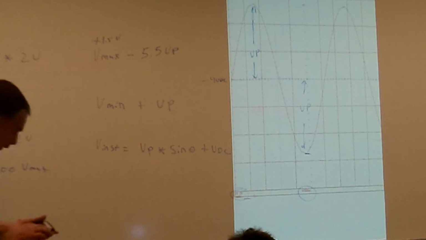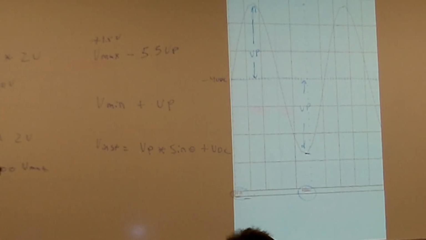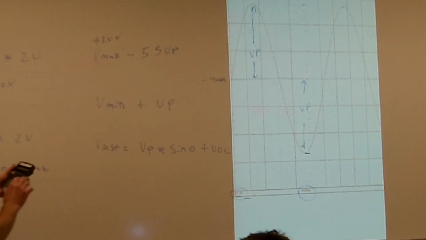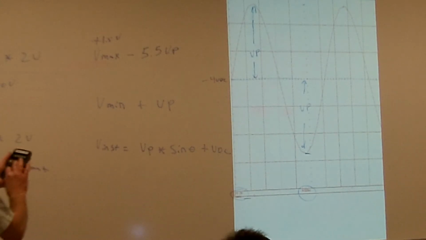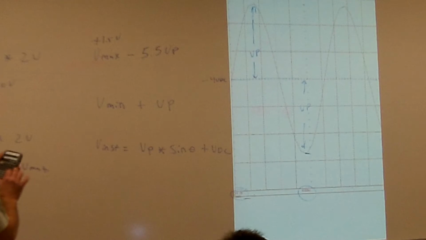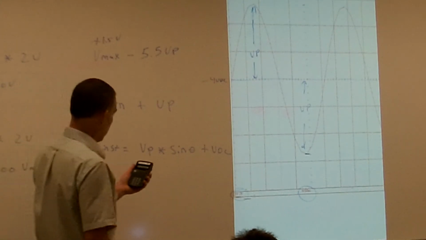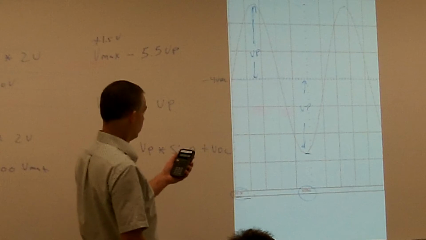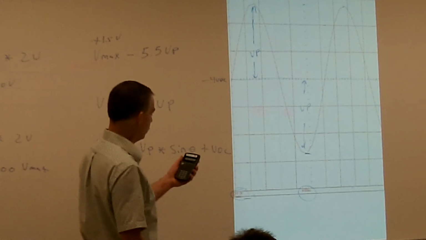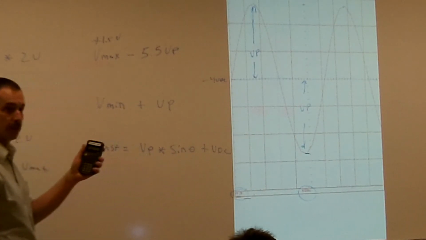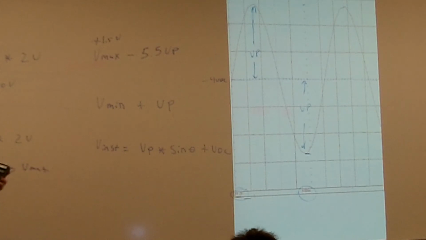So on this one, I would take my 45, hit my sine, multiply by my voltage peak, which was 5.5, and then add in my DC offset, plus a negative 4 volts. That should give you 10.9 millivolts. Okay?